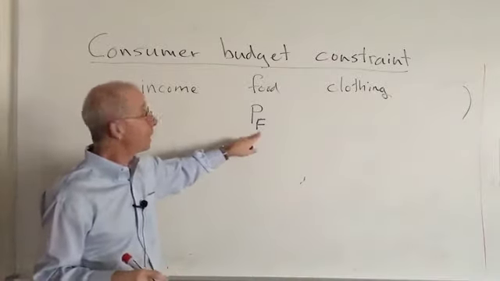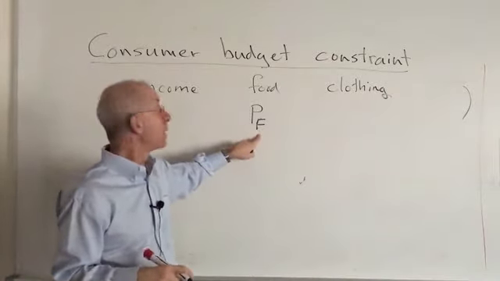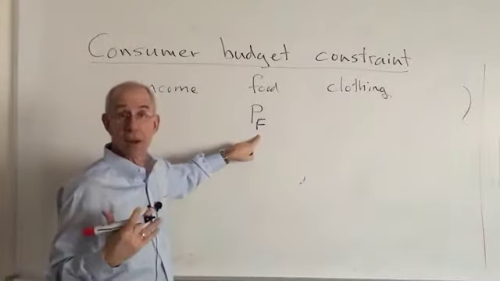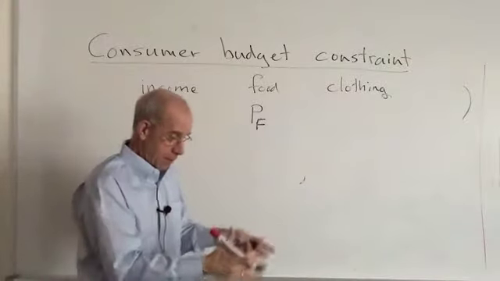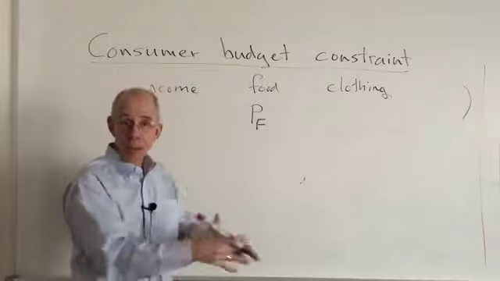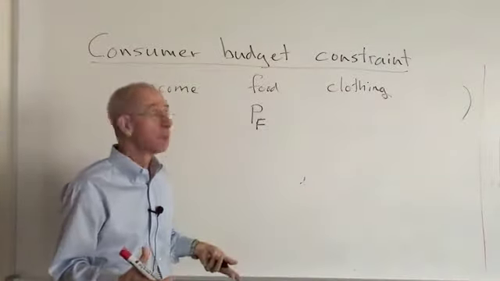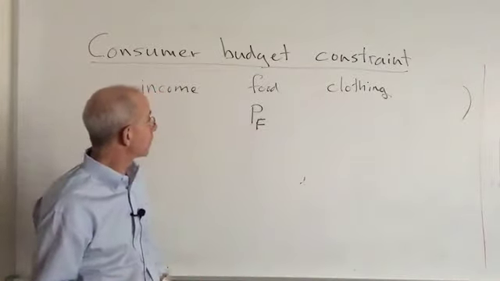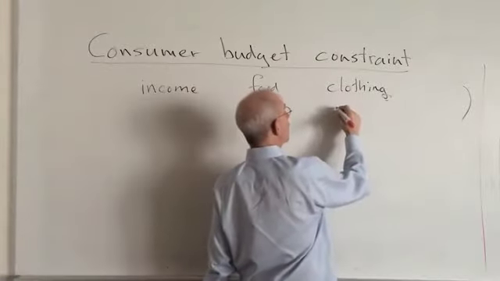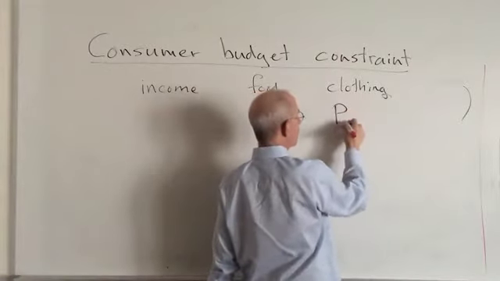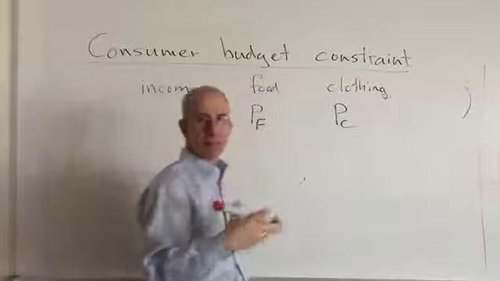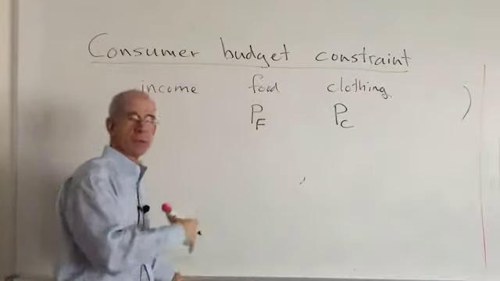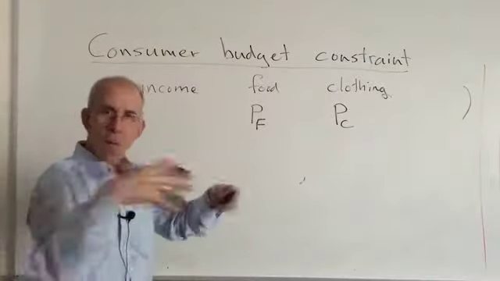And PF is how much a unit of food, a basket of food, a bundle of food, an amount of food that you purchase. We've got a price for clothing. Now, I know there are lots of different kinds of clothing. There's shirts, there's pants, and so forth, but let's just kind of throw them all together.